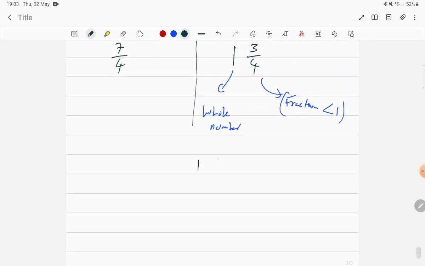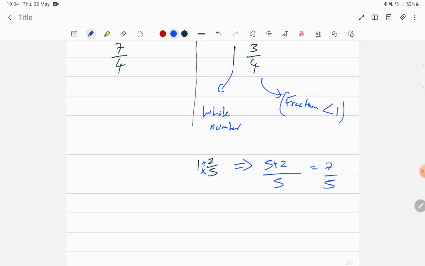if you were to have 1 and 2 over 5, the way to do this would be to multiply that denominator and the whole number, and then add the numerator. So here this would be 1 times 5, which is 5, plus 2, all over that original denominator. So this would essentially be 7 over 5.